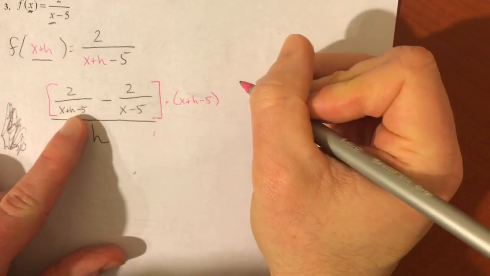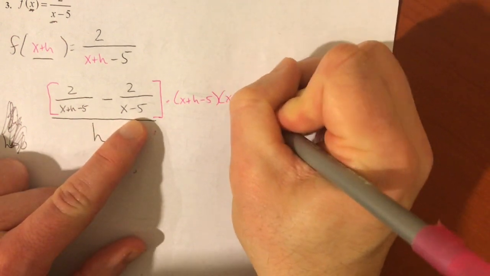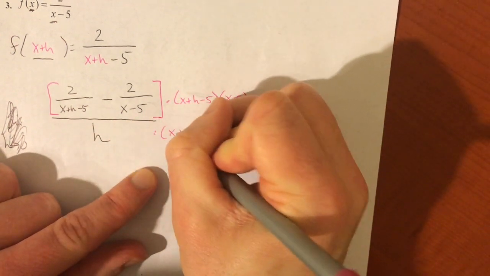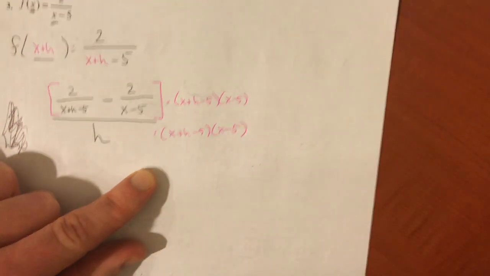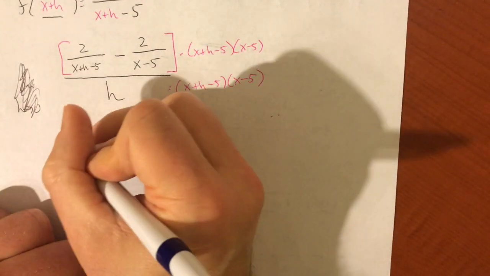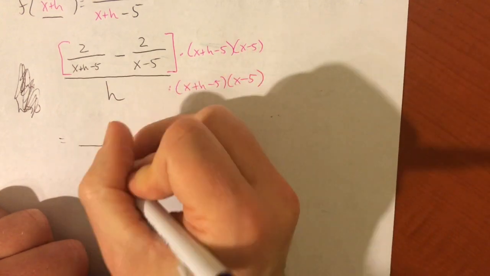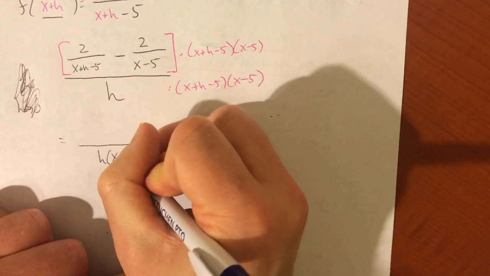I'm going to multiply this by that denominator and that denominator to cancel. Just got to do it to the bottom of the overall fraction as well. Hopefully this is really not that crazy of a leap algebraically for you at this point.